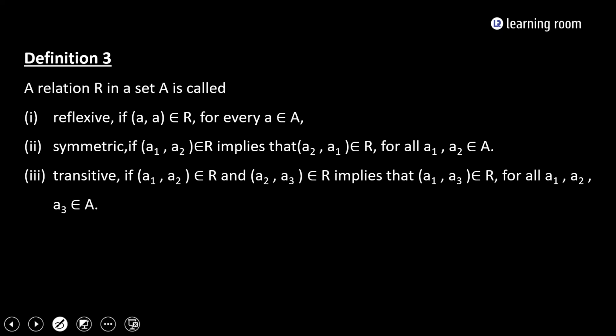So definition number 3. A relation R in set A is called reflexive under what circumstance? Can you give me a simpler definition of it? So a relation R in set A is said to be reflexive if, in that relation, an element of the set is related to itself.